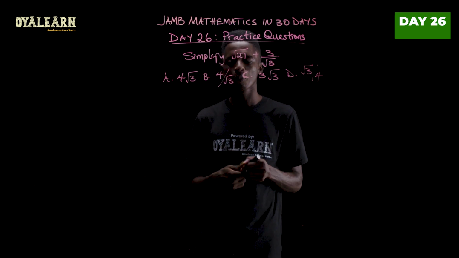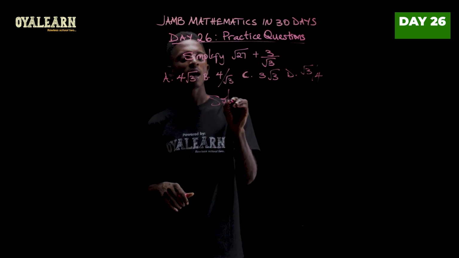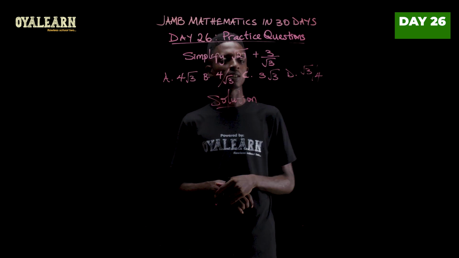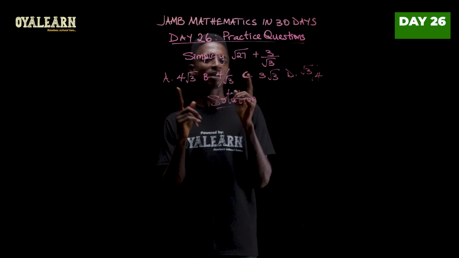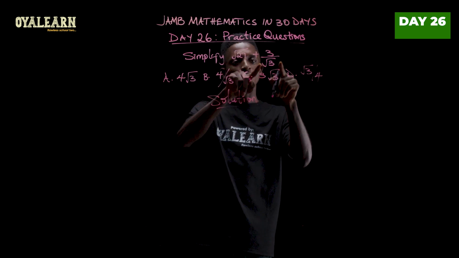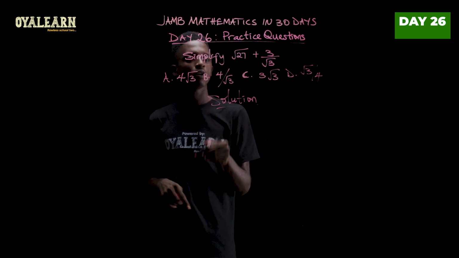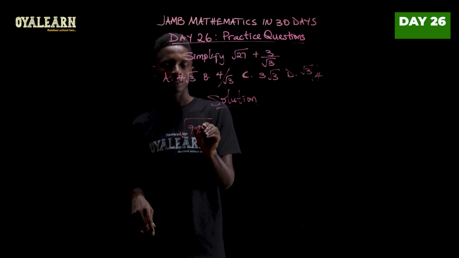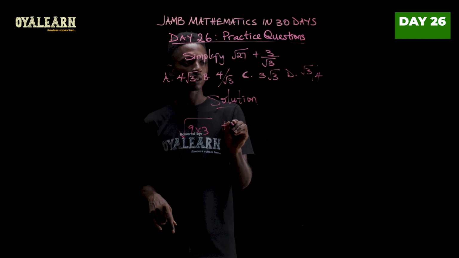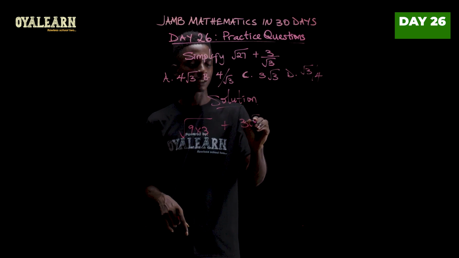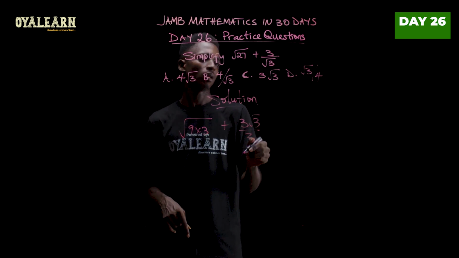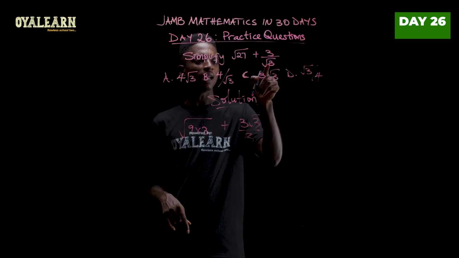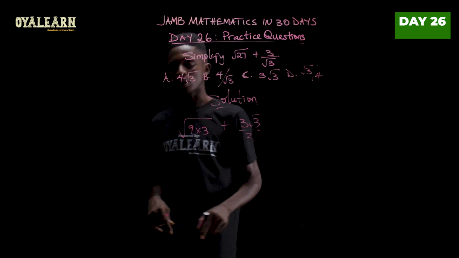Let's simplify this third problem. So we have that root 27 plus 3 over root 3 would be what? So to simplify this, we know for this part we have to rationalize, but this can go a little further to give us root 9 times 3. So plus, this would then be 3 root 3 over 3. Because when we multiply this by root 3, it will be 3 times root 3, which will give you 3 root 3. And then root 3 times root 3 will give you 3.